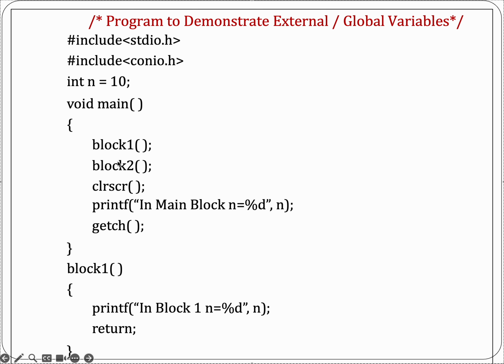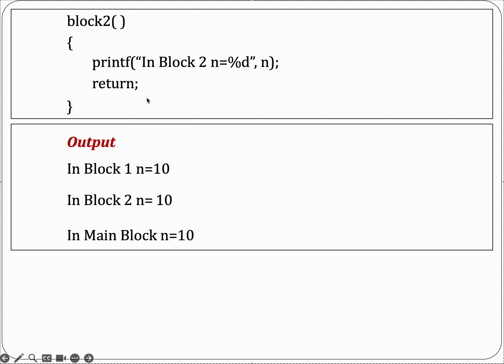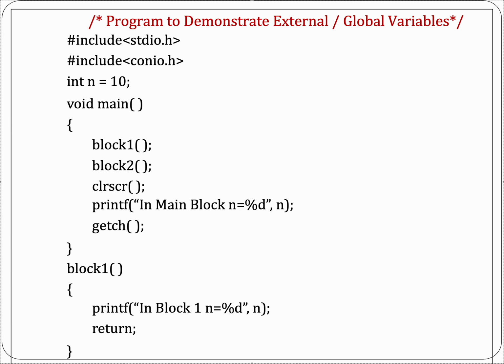The next line of the main function is block2. Block2 again prints the n value. In block2, n equals 10, and that also gets printed. Next is clear screen, which is not necessary, just leave this. Then printf again in the main block, where you print the value of n.